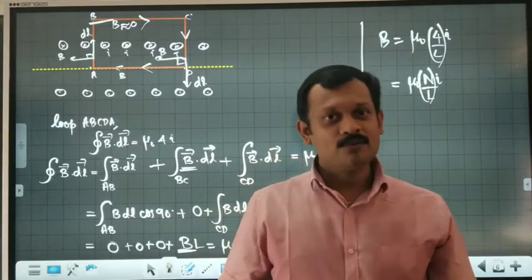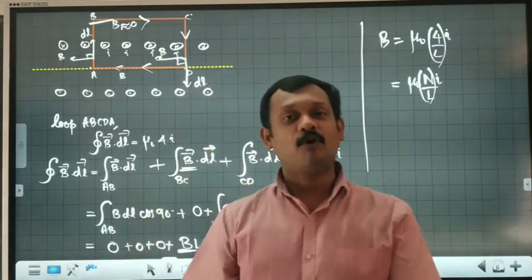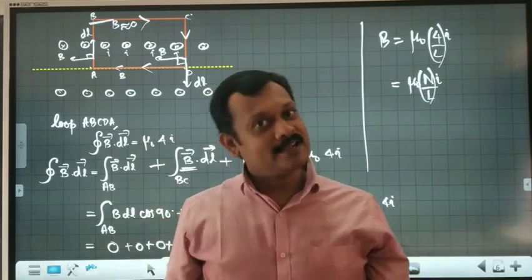My Amperian loop is enclosing 4 turns. You may construct an Amperian loop in such a way that it has got N turns.